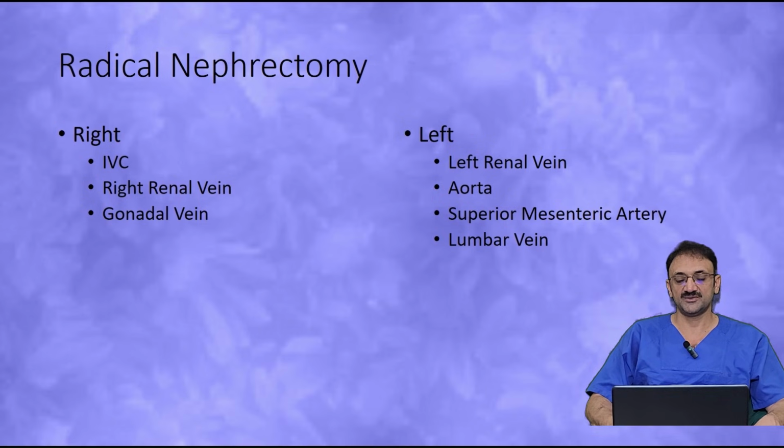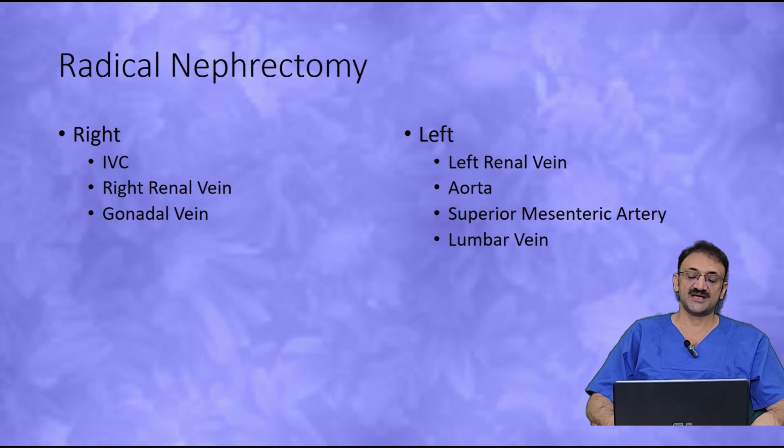The area where you are working below the renal hilum on the right side, it can be a renal vein or IVC junction, or it can be a gonadal vein as well. Or there are at times accessory vessels which need to be discerned and need to be seen in the CT preoperatively, and those need to be kept in mind while dissecting all those vessels.